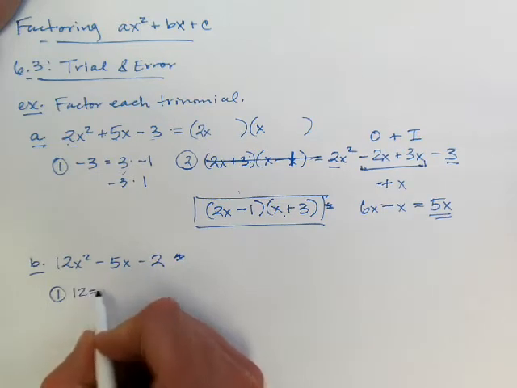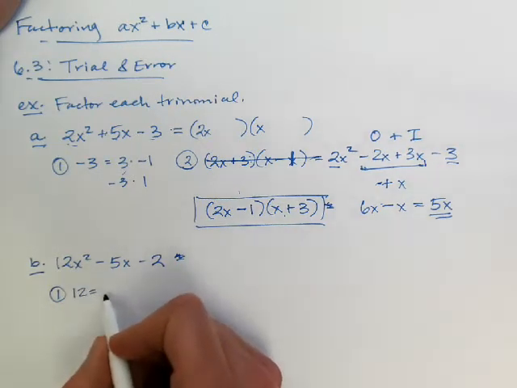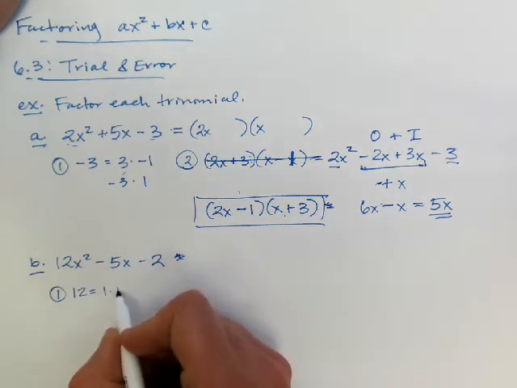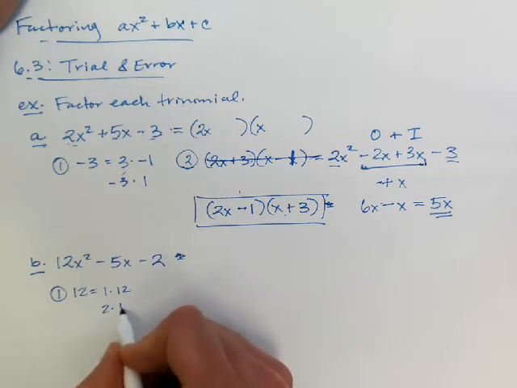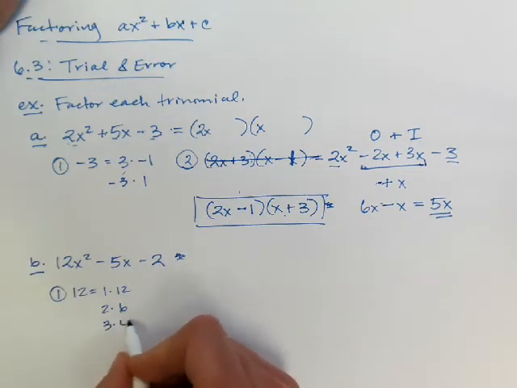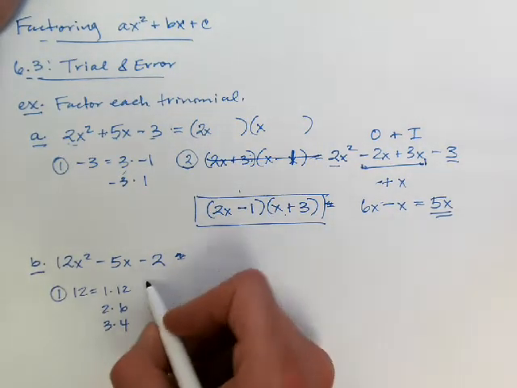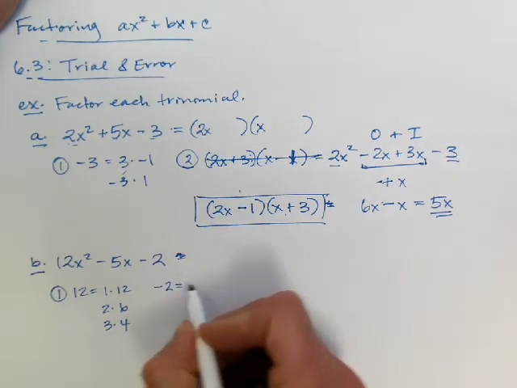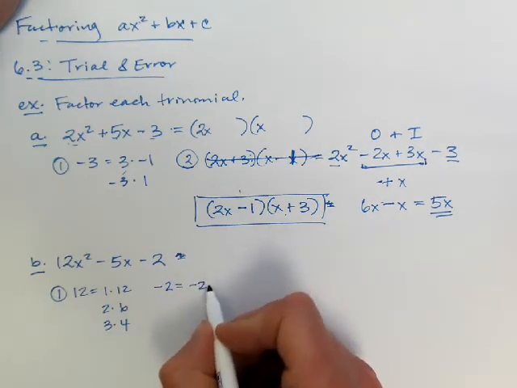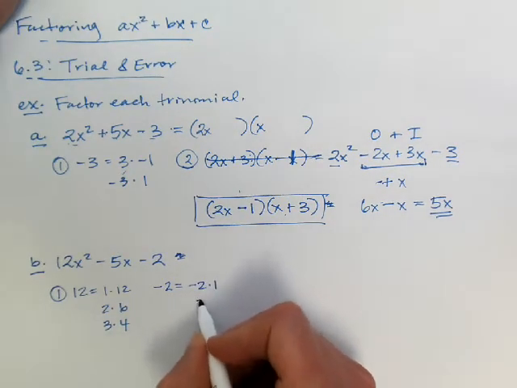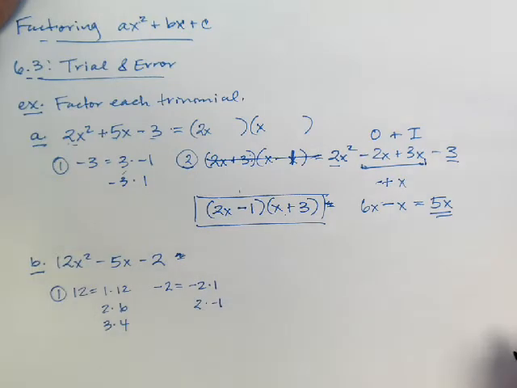So maybe we look at the factors of 12. 12 could be 1 and 12, 2 and 6, 3 and 4. We're not going to get any different factors out of that. And then -2 is nice because it's either going to be -2 times 1 or 2 times -1.